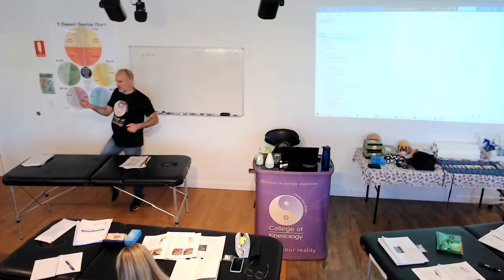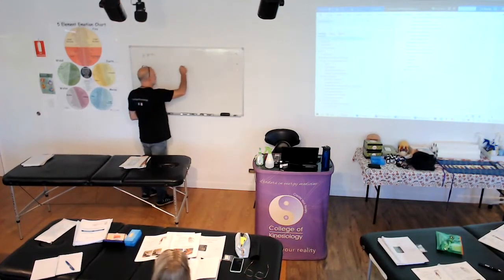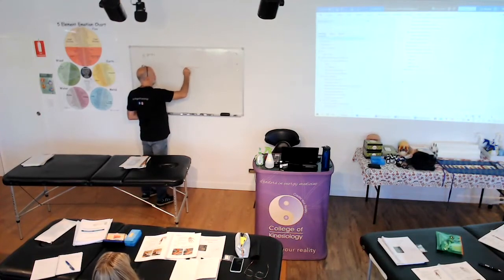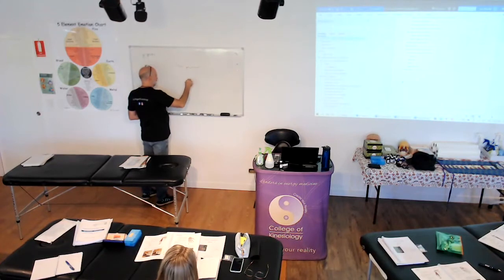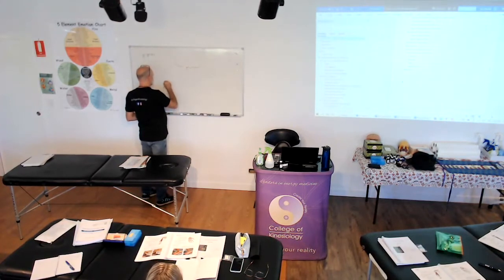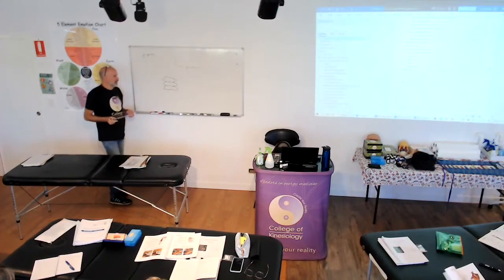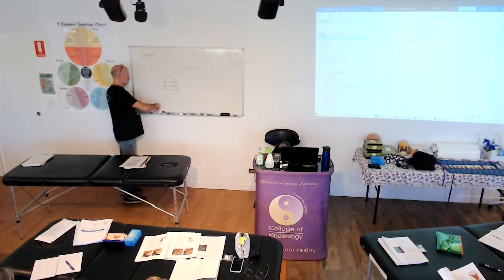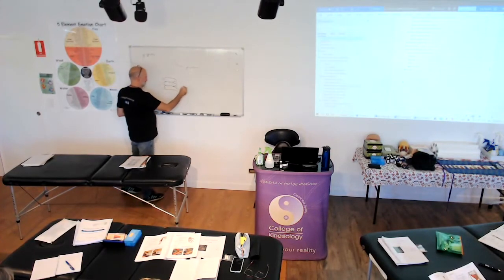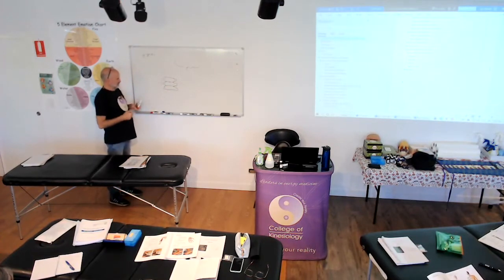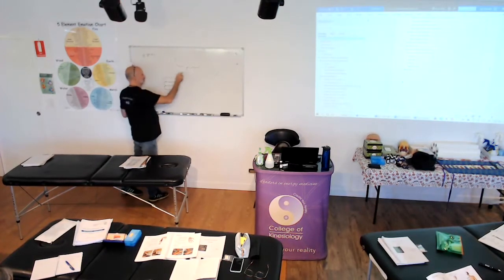If you look at the brain, spinal cord, and then you look at the structure, some vertebrae just as an example, and you've got muscles, so let's say a muscle here and a muscle here, and you've got nerves going into that muscle.